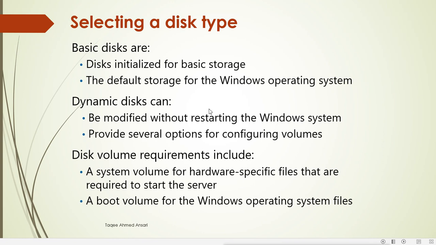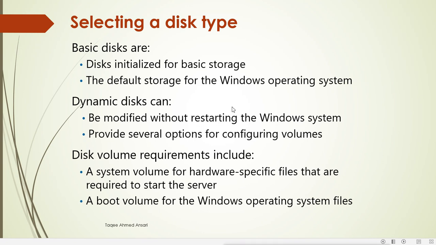For example, you have C and D drive. C drive is for your operating system and D drive is for your data. You have installed the operating system on C drive and put all your data into the D drive. Now when you convert it into dynamic, it will still work. But suppose you want to reinstall the operating system because it is corrupted.